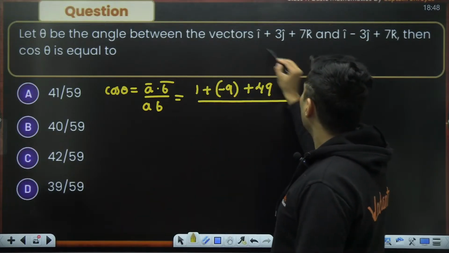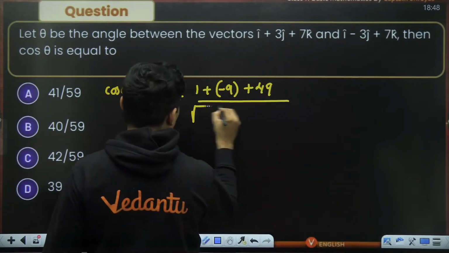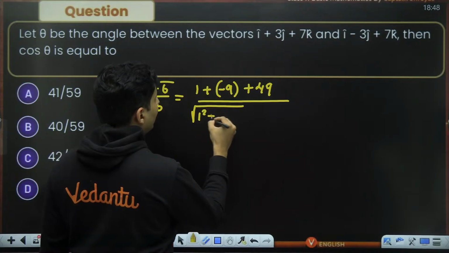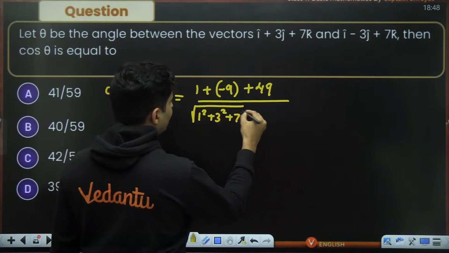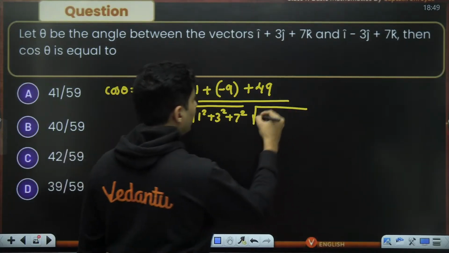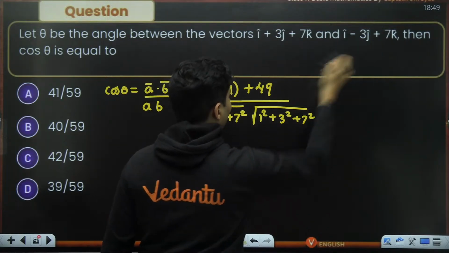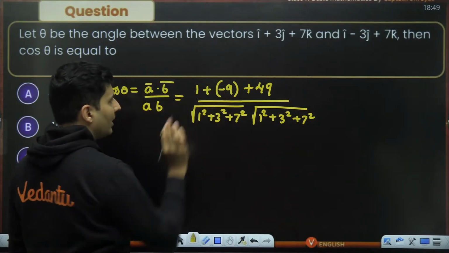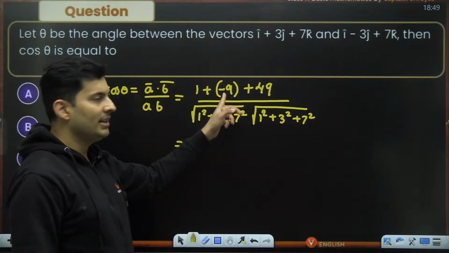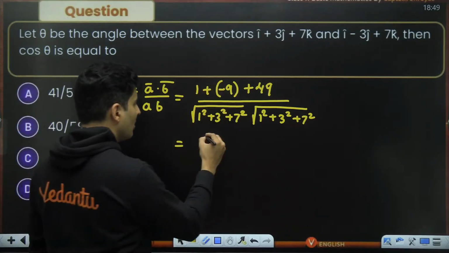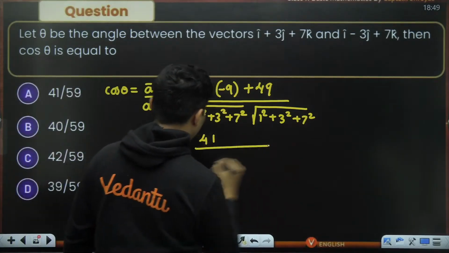What is the magnitude of this vector? It will be root of 1 square plus 3 square plus 7 square, into, again, root of 1 square plus 3 square plus 7 square for the vector B. Okay, everyone? So 49 minus 9 is 40, plus 1, so that will be nothing but 41 on the numerator side.